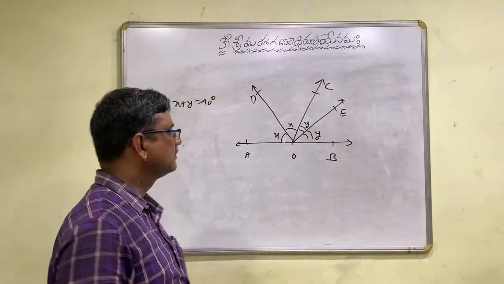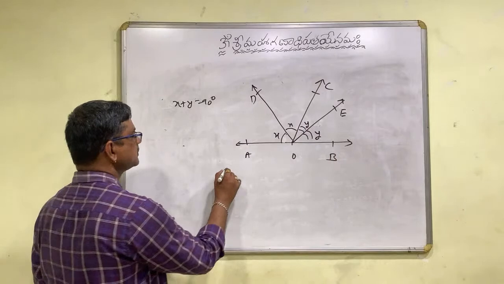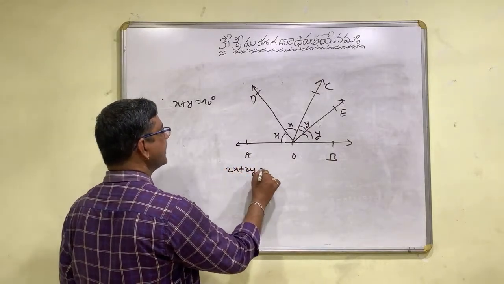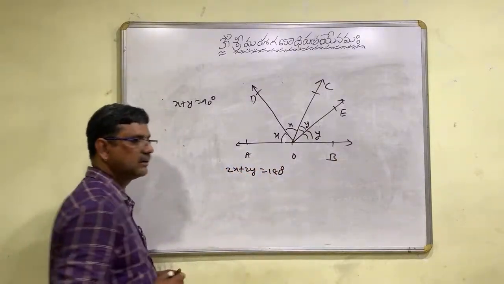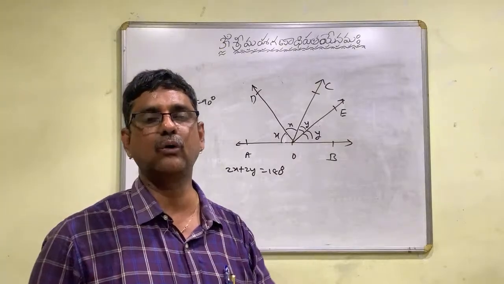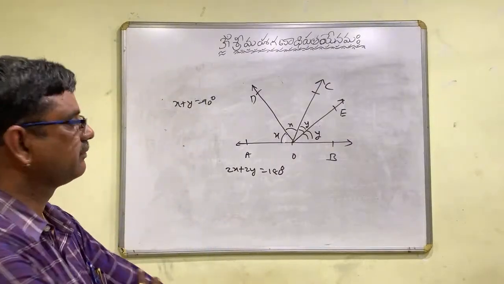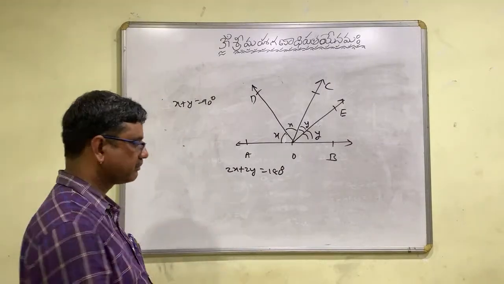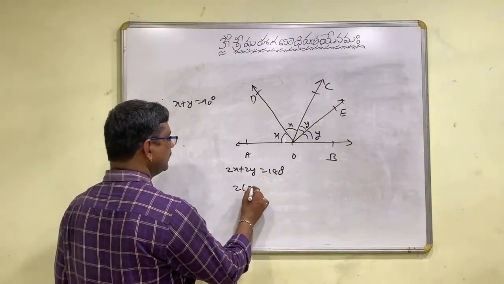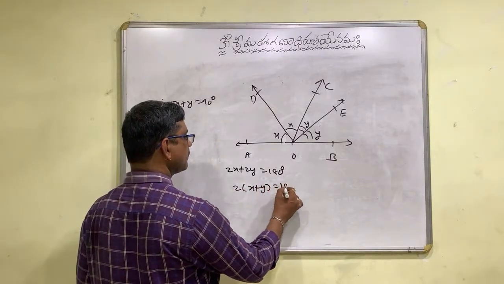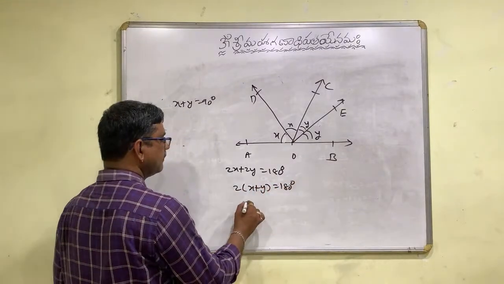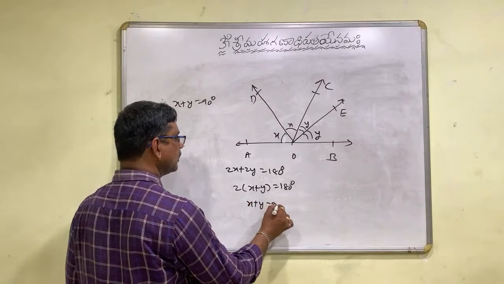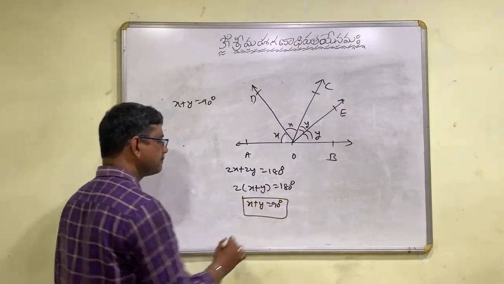As you said, the sum of all these four angles, 2x plus 2y, is 180. Then take 2 common. Then x plus y is equal to 90.